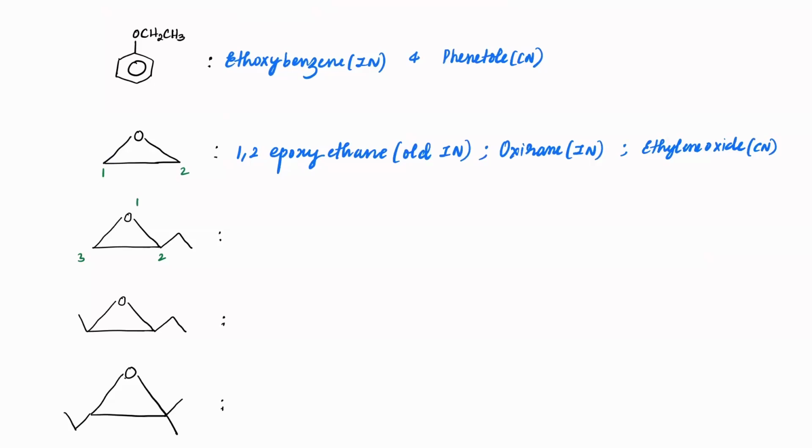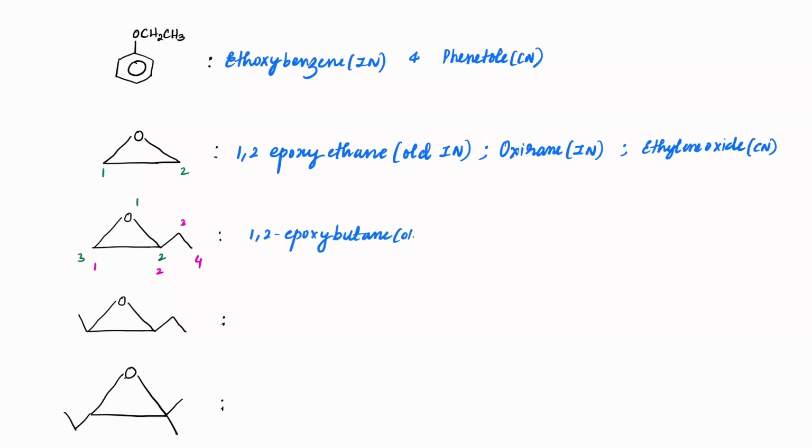For example, if there is any substituent, there are two ways to write it. The old IUPAC suggests that we can use this term as 1, 2 and 3 and 4. So it is like a butane to which 1, 2 is epoxy, 1,2-epoxybutane.